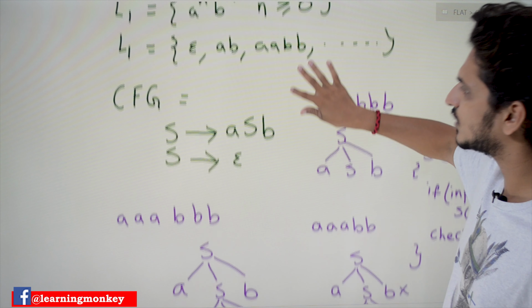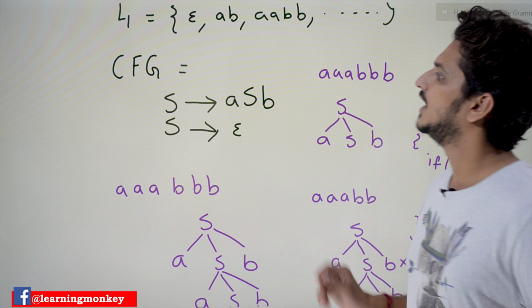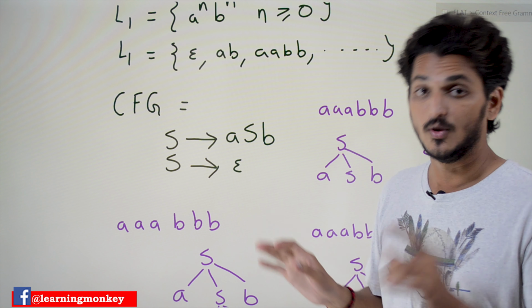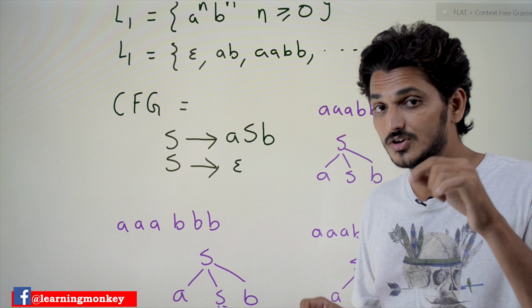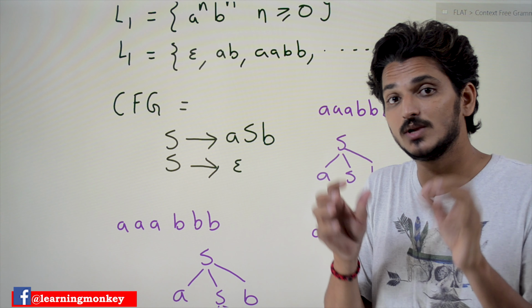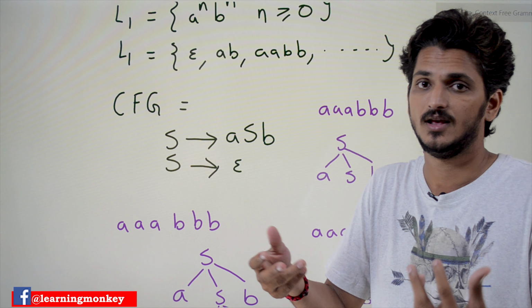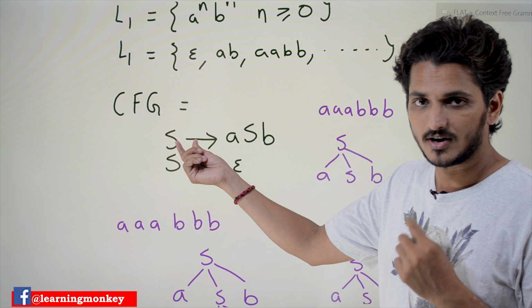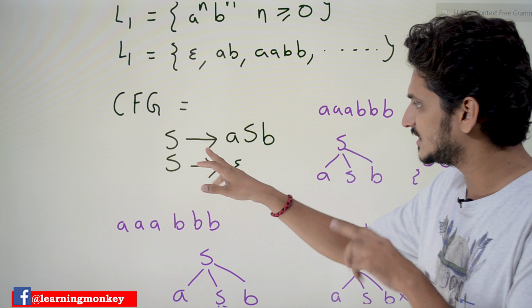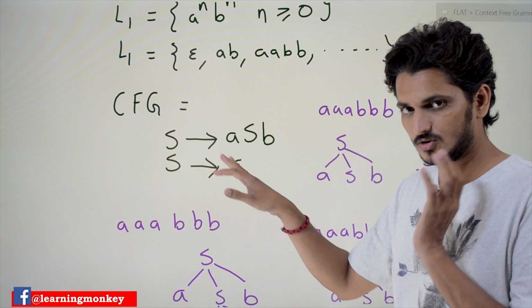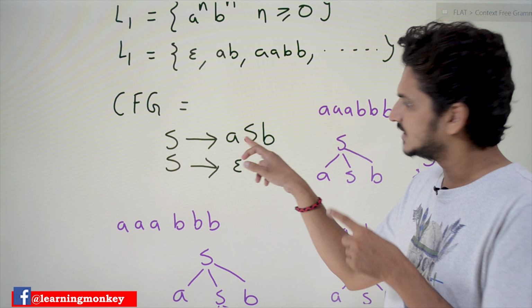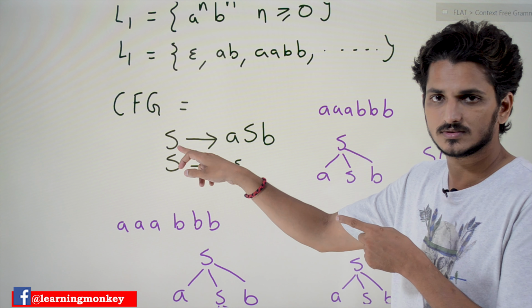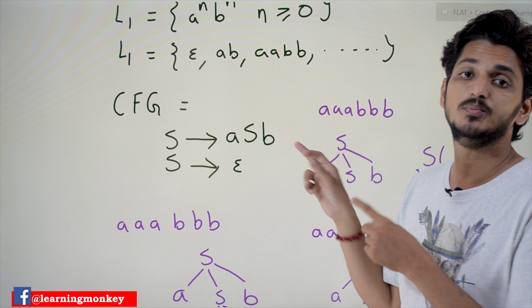In order to write the context-free grammar for this language, we write it like this. Non-terminals: we already gave a programmatic intuition about these non-terminals. We consider a non-terminal as a function, as we discussed in the grammar class. We write a function for this, and what this non-terminal says is: check for input symbol a, after that call S again, after that check for input symbol b.